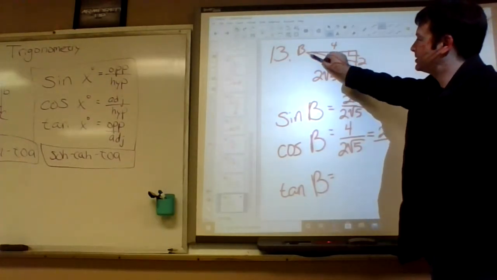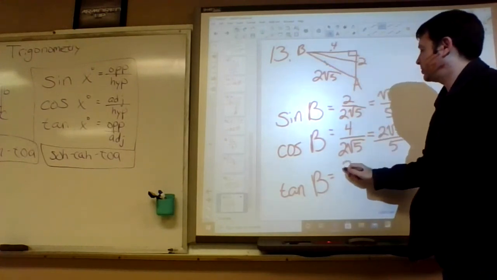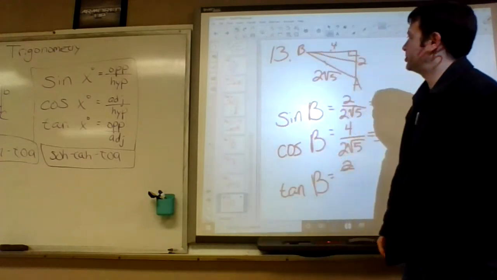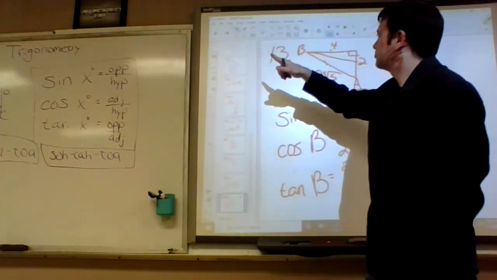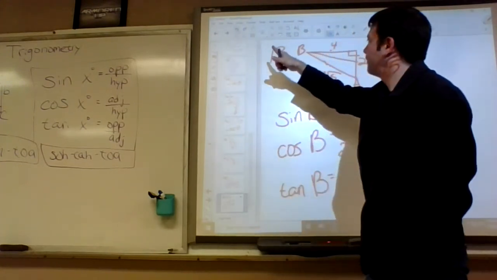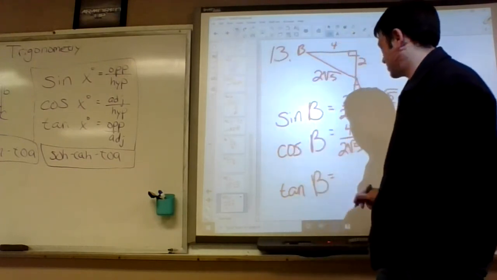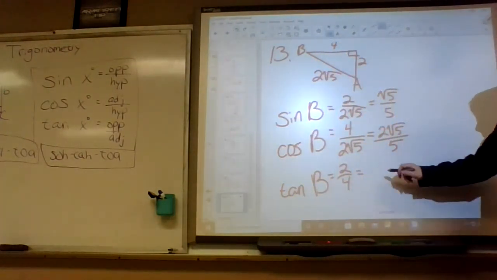These would be like next to angle B, like around angle B. Anyway, 2, and then what's the adjacent to angle B? 4. Yeah. And what's 2 over 4 reduced to? 1 over 2. Yeah.